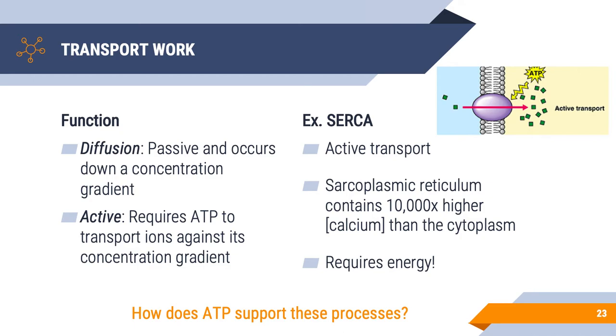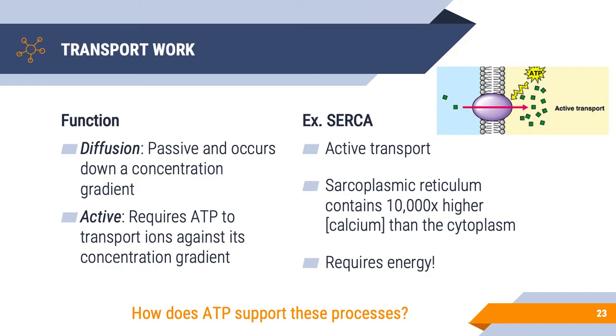Lastly, thinking about transport work. There's a difference here between diffusion and active transport. Diffusion is passive and occurs down a concentration gradient, whereas what we're talking about requiring ATP is active transport, because it's occurring against its concentration gradient. An example of this would be the sarcoendoplasmic reticulum calcium ATPase, or SERCA.